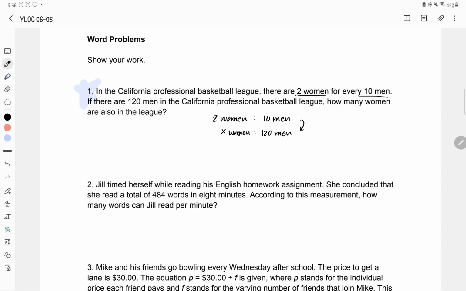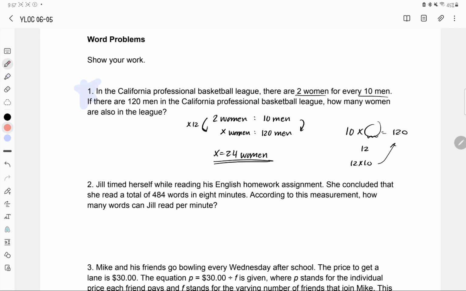What do you multiply to get 120? 10 times something is 120. This one has to be 12, right? Because 12 times 10 is 120. So we do the same thing. Times 12, and X is going to be 24 women.